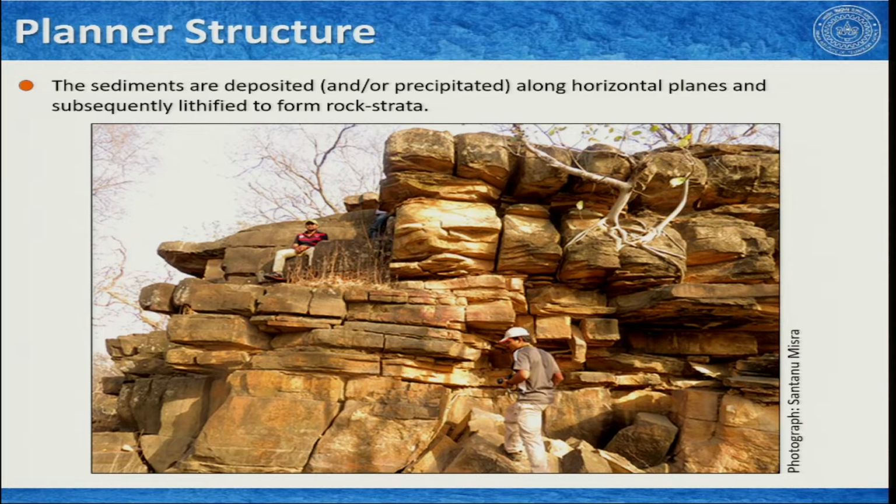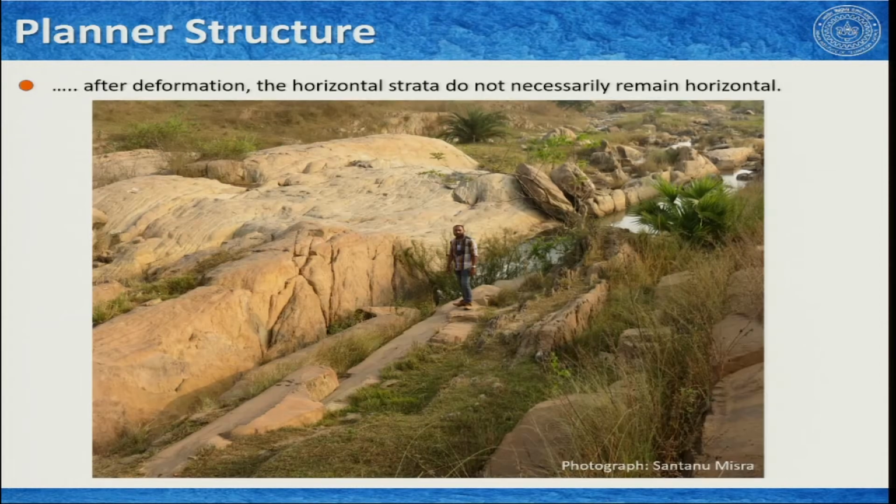This is a photograph from Chitrakoot, which is in Madhya Pradesh. This is the sandstone formation, and in this vertical face we see the traces of these planes are sub-horizontal, and this is how exactly it should be. But what we see in the field in most cases, because these beds or rocks are deformed, we often see that they are not horizontal.